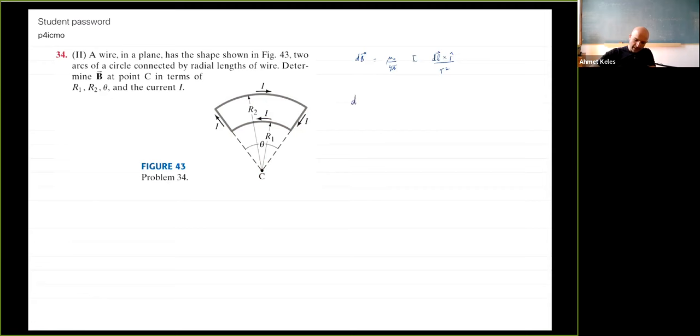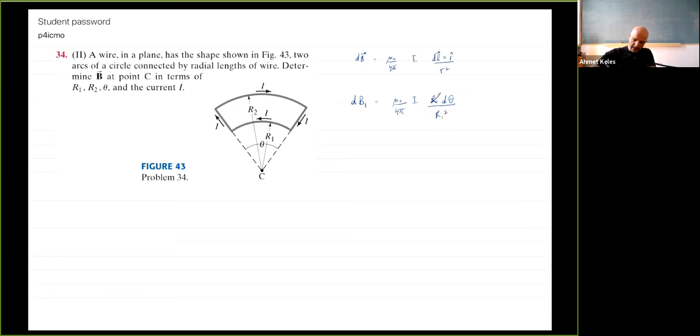So let's calculate these each pieces separately. So, okay, let's call this B1 for radius R1 is equal to mu 0 over 4 pi, the current I, dl is, okay, R d theta, which is R1 d theta actually, divided by the distance is R1 squared.